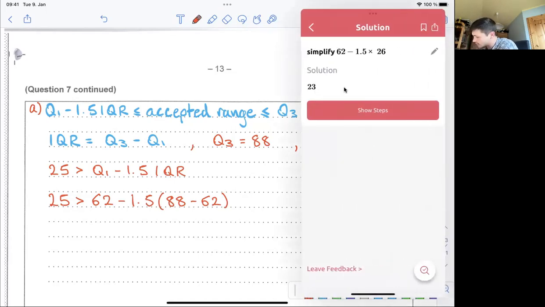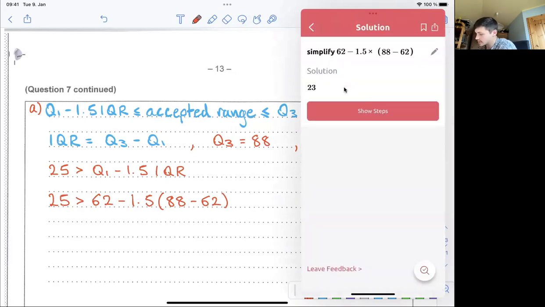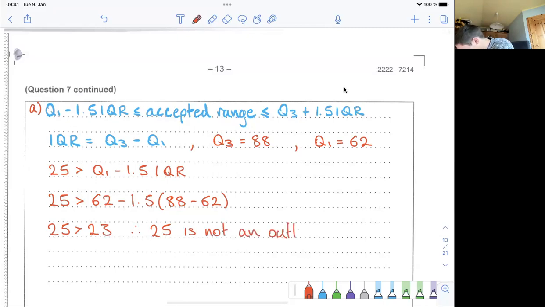We'll bring our calculator over, and we'll find 62 subtract 1.5 times by brackets 88 subtract 62, and go. And that gives us 23. All right, cool. So we can say 25 is more than 23. And so we will conclude, and we'll use these 3 dots again, which means therefore, 25 is not an outlier.